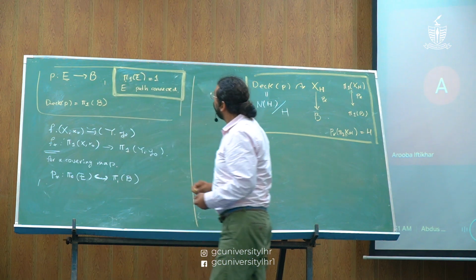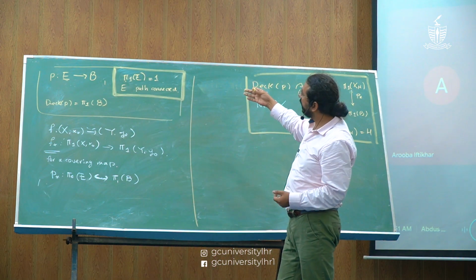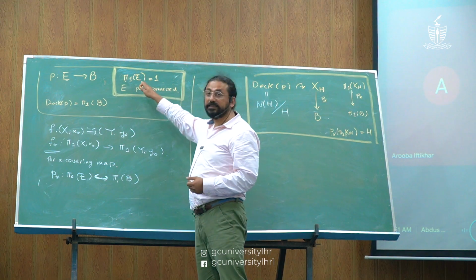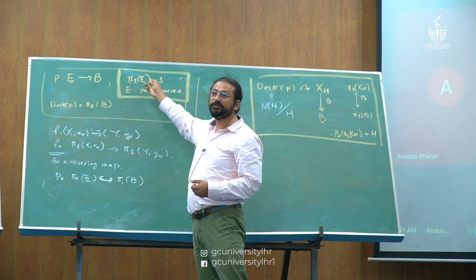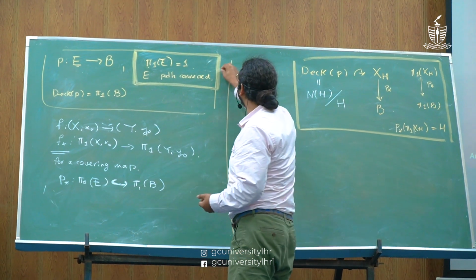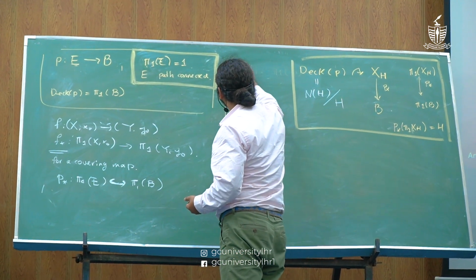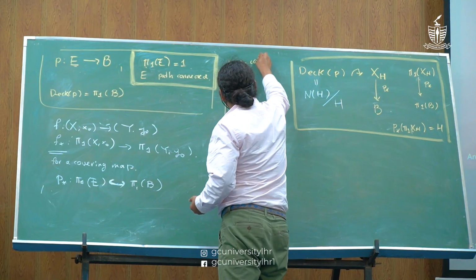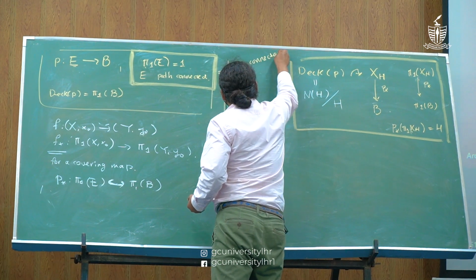And in particular, if we can find one covering space such that it is simply connected, meaning that its fundamental group is trivial and it is path connected, this is called simply connected.